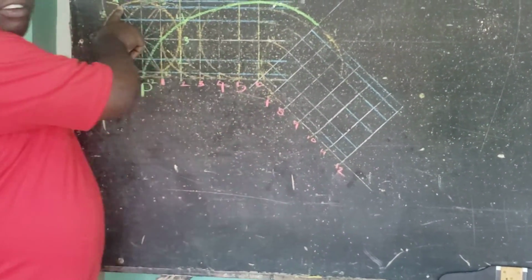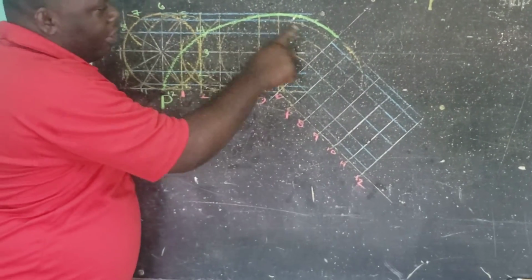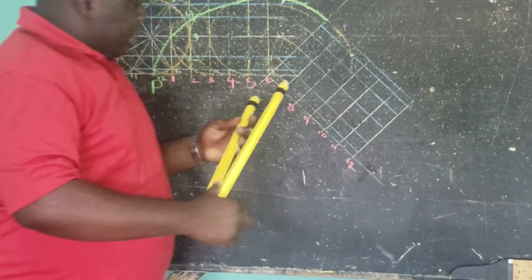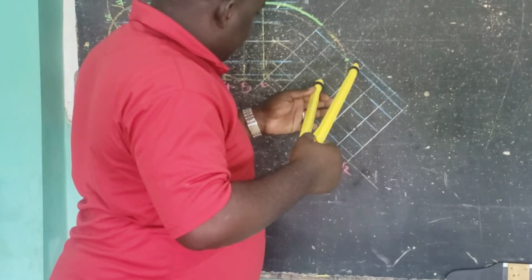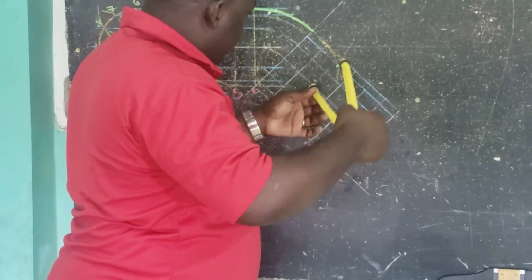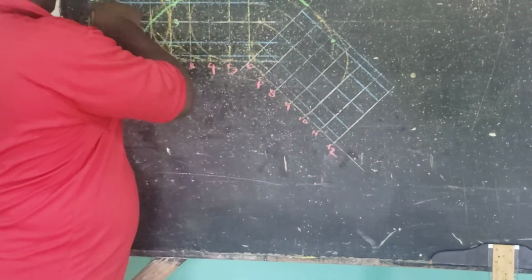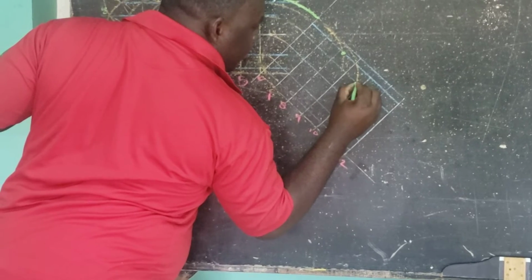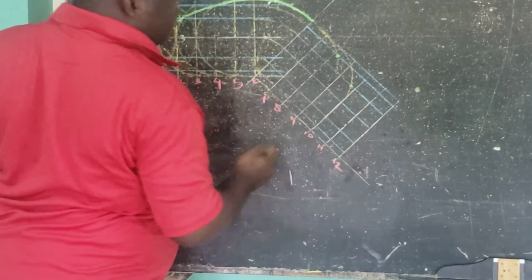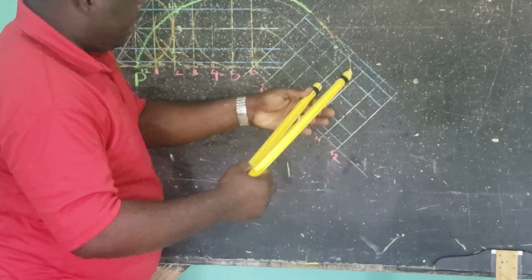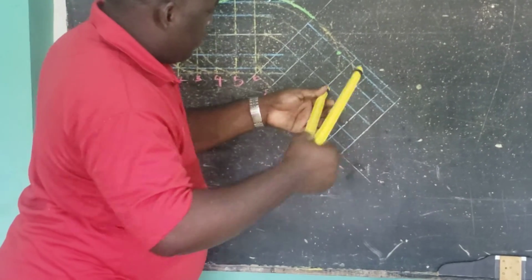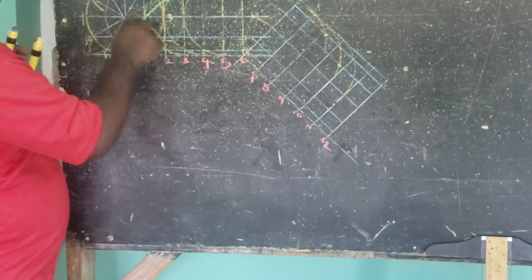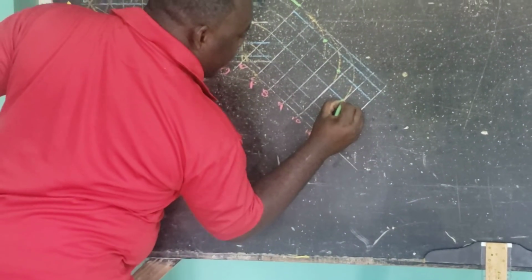So 7 will start right here, and 7 comes right across, so this will be 7 right here. Then if we go to 8, so 8 will be on this line, and 8 will come right here. And that means then 9. So 9 is on this line with our center, so 9 will be right here.